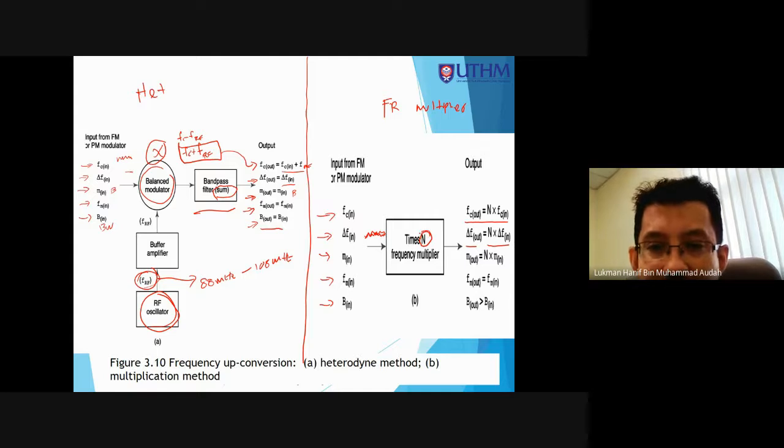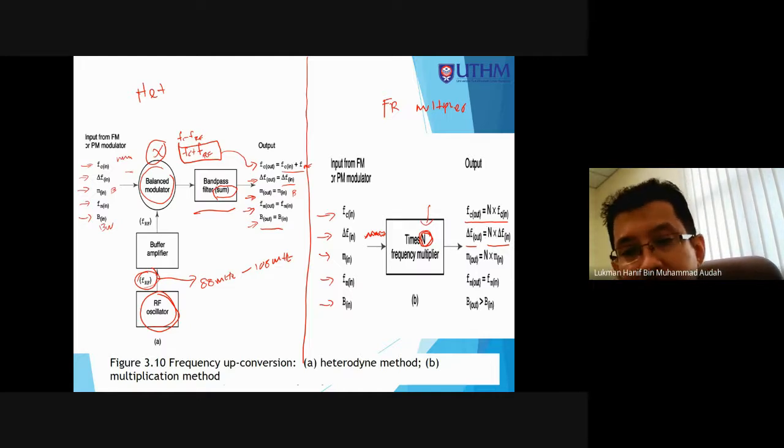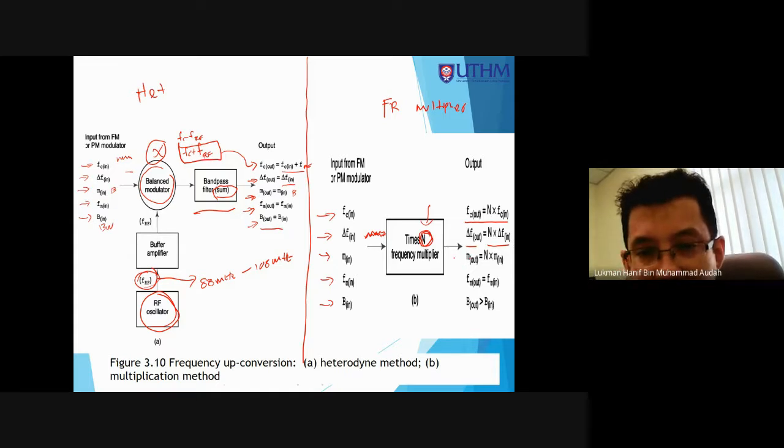Ini gandaan daripada frekuensi multiplier. N adalah gandaan frekuensi multiplier. Kalau N sama dengan 100, bermakna darab 100 lah. Okay. Here is beta. Beta F out is equal to N times beta F in.